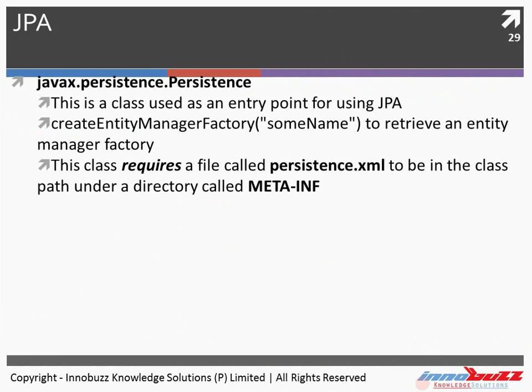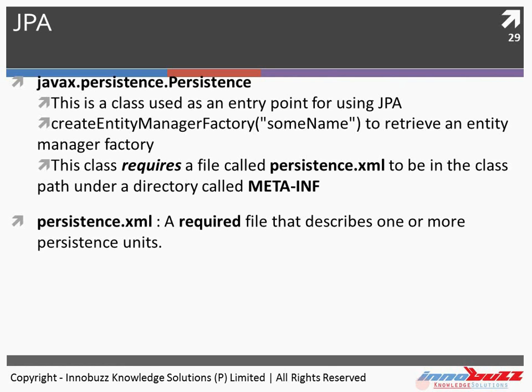So this is the package where the persistence class is obtained. It is used as an entry point for using JPA, that is Java Persistence API. As said, createEntityManagerFactory with the name is used to retrieve an entity manager factory. Then, after getting the class, it requires a file called persistence.xml, which should be present inside the META-INF for any database related information.